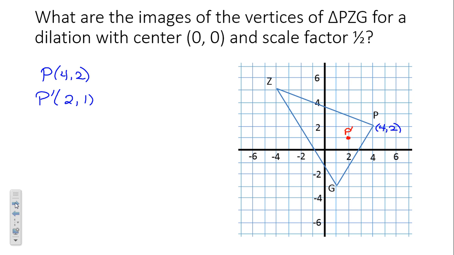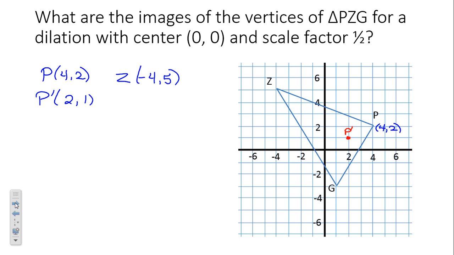Okay. Next one. What's the coordinate of Z, Alex? Very good. So Z was -4, 5. So what happens when we apply a half scale factor to it?